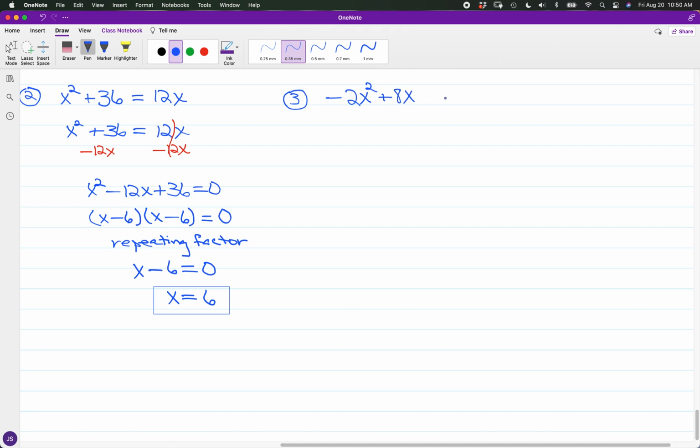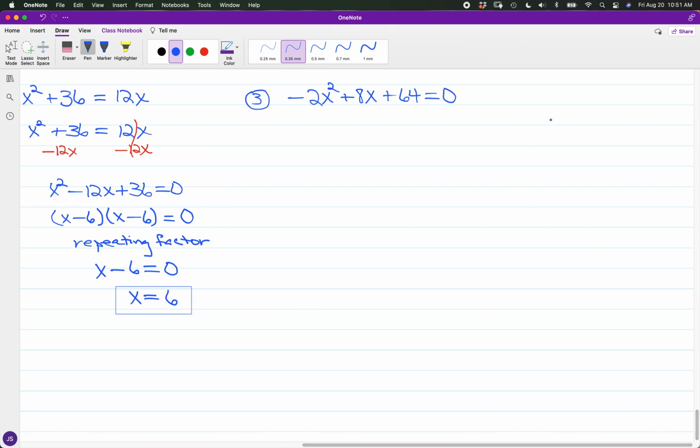Say you have negative 2x squared plus 8x plus 64 is equal to 0. So I'm just going to put this down twice.